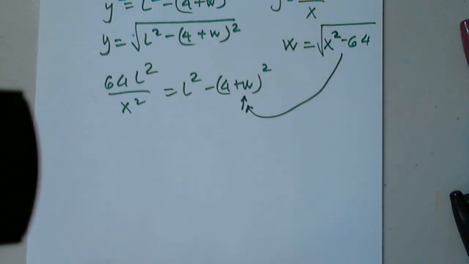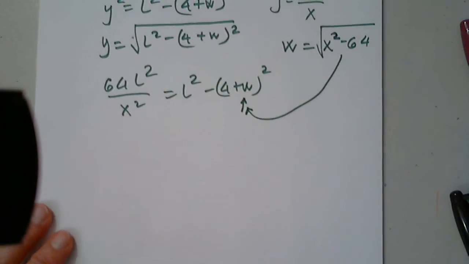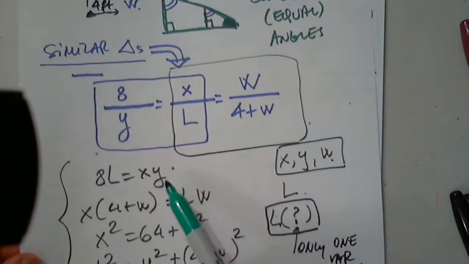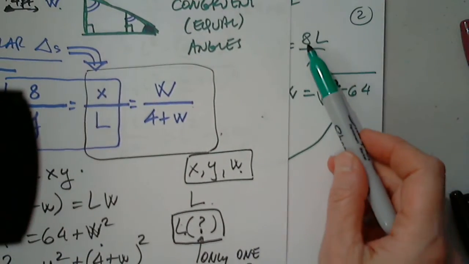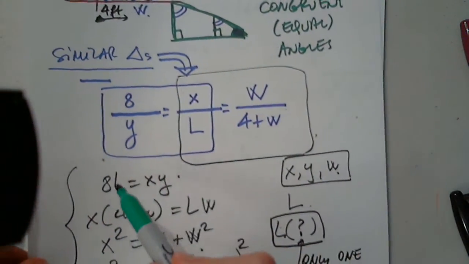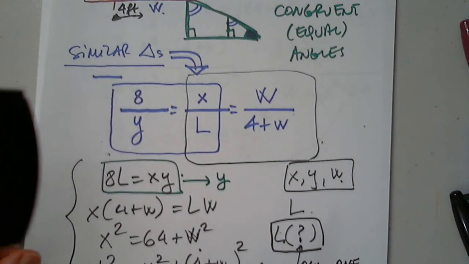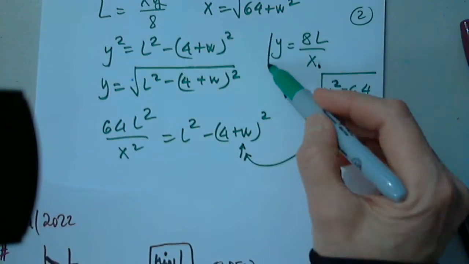Okay, so let me go back and just explain what I did. I solved this equation for y as 8L over X. So from here, I solve for y as 8L over X, right here.